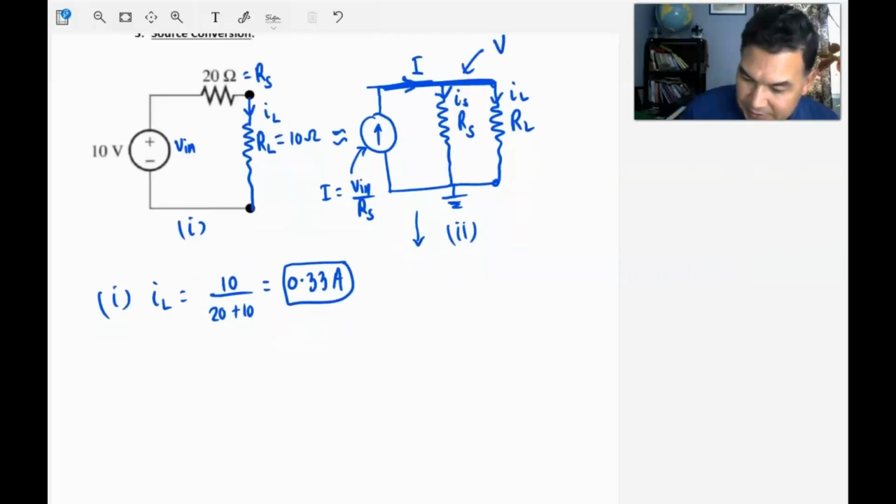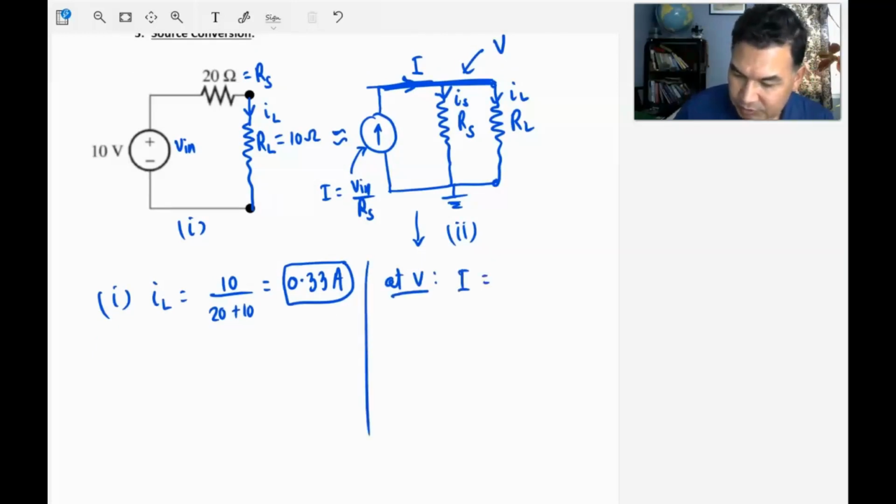So at V, I is going to be IS, the series current, the current through the series resistor, plus the load current. Based on the source conversion, the voltage source with the series resistor is equivalent to a current source of that voltage divided by the series resistance. So that is 10 divided by 20, which is half an amp.